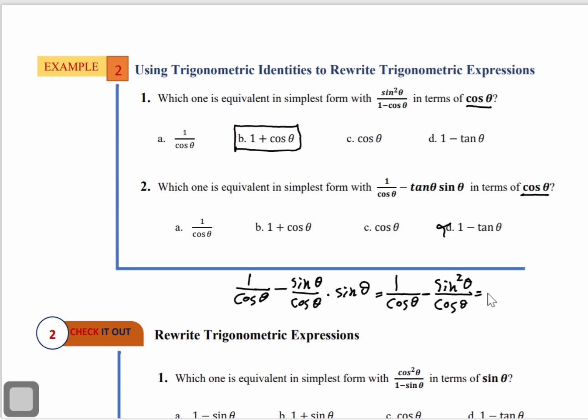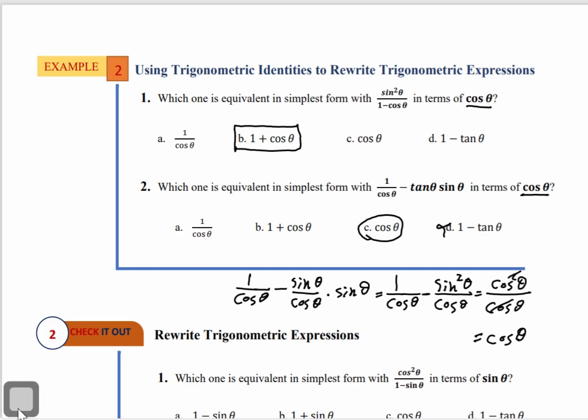It will be cosine theta, and 1 minus sine squared theta will be cosine squared theta. Immediately you can write, one cosine with another cosine is cancelled. Cosine theta is remaining. So it means branch C is the right answer. This is how we solve in terms of cosine.